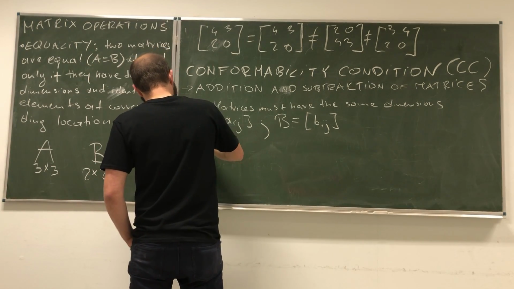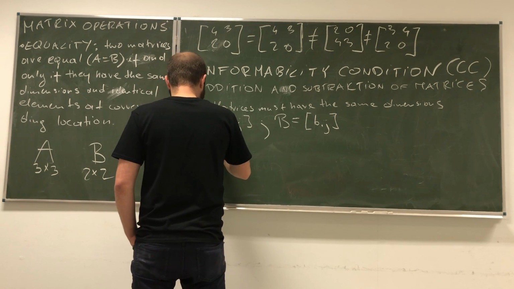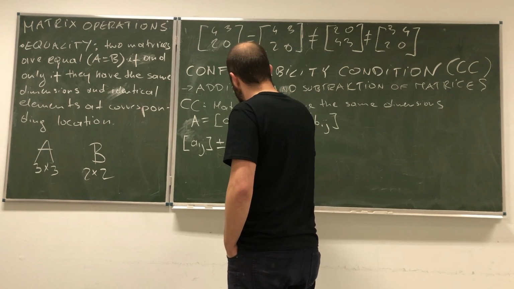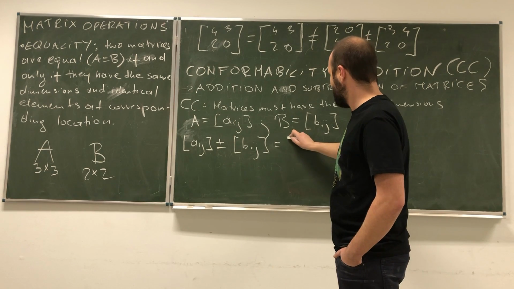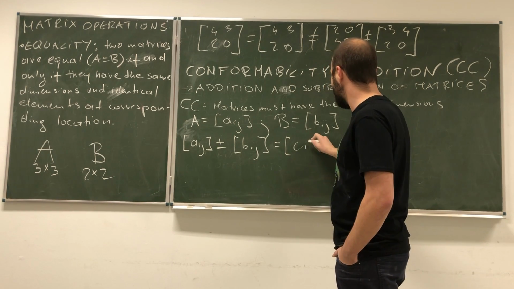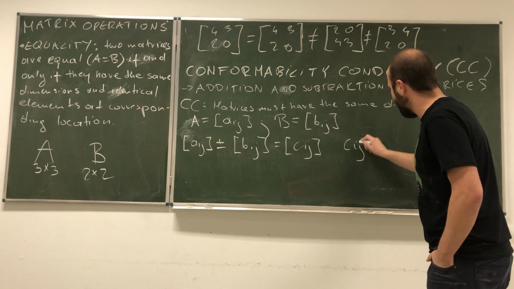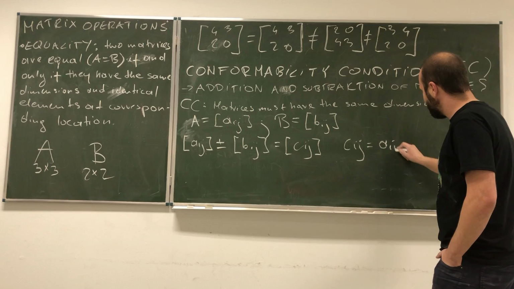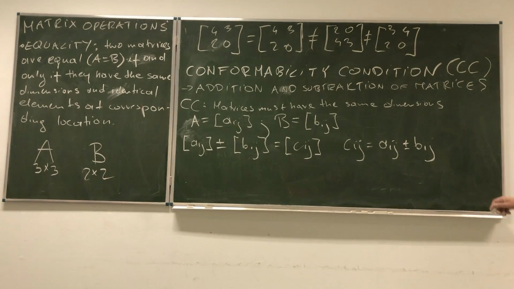I take all elements a_ij and either add or subtract all elements b_ij, and I get a new matrix with elements c_ij, where each element c_ij is equal to a_ij plus or minus b_ij.